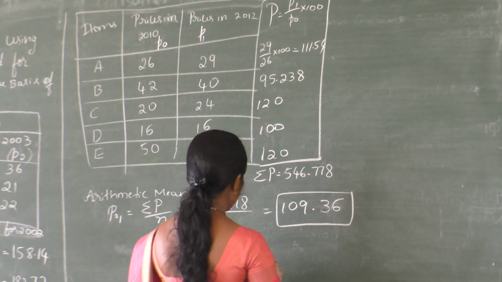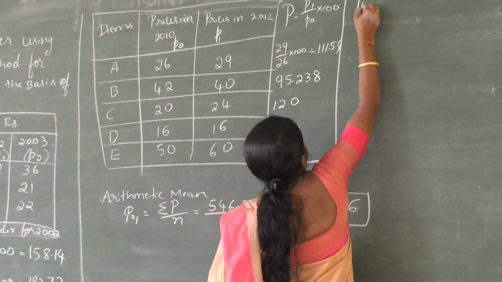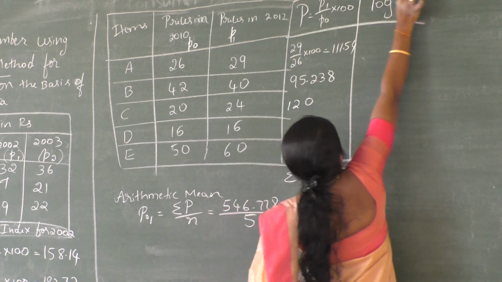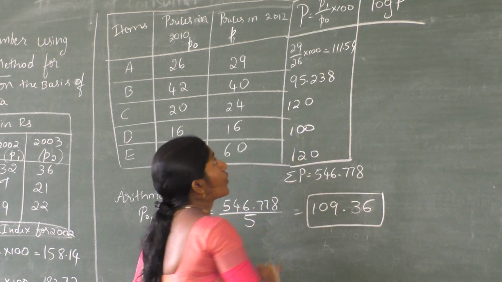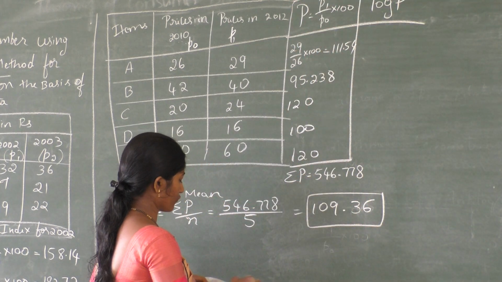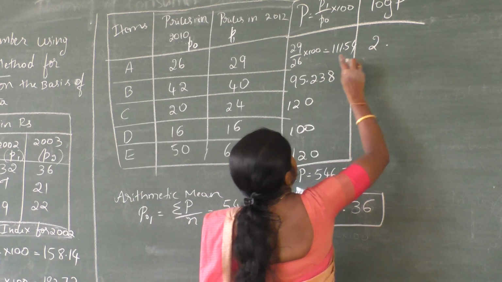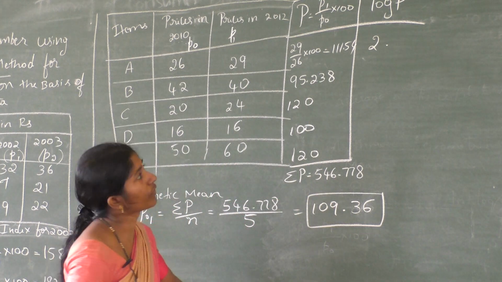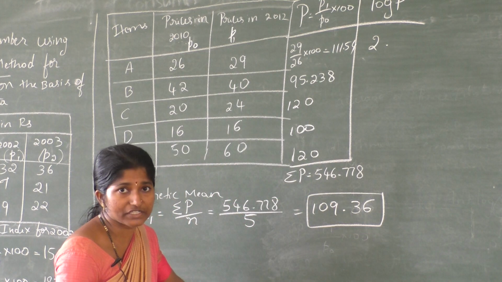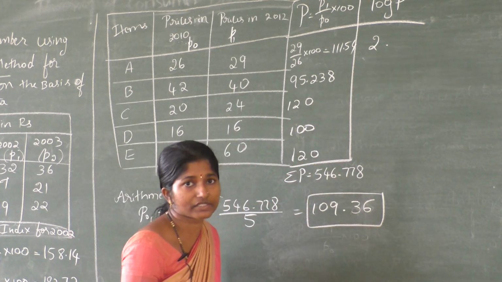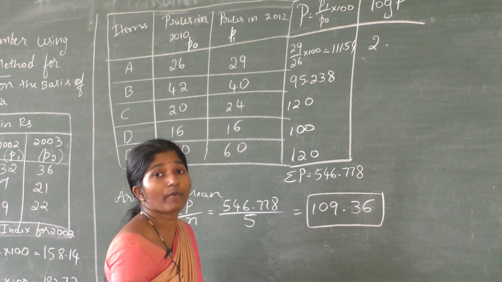Log of price relative, that is log P. Log of 111.54: 111 has 3 digits, 3 minus 1 is 2, so I am writing the characteristic part as 2 point mantissa.